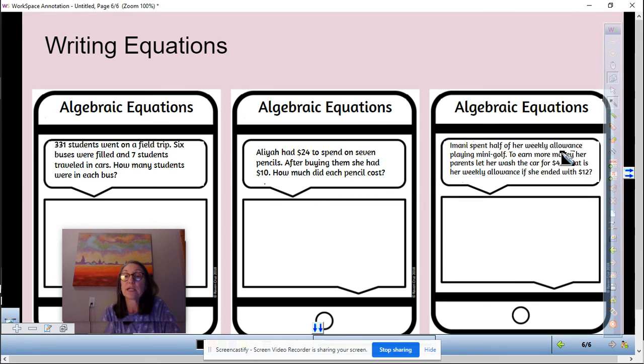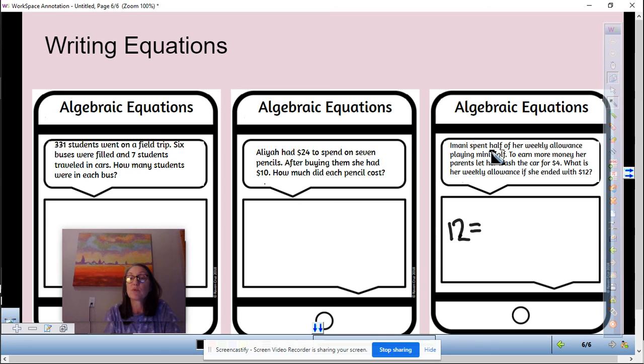Imani spent half of her weekly allowance playing mini golf. To earn more money, her parents let her wash the car for $4. What is her weekly allowance if she ended with $12? Now, that doesn't sound like a total, but that is going to be representative of our total this time.